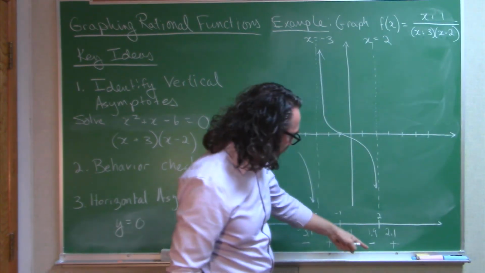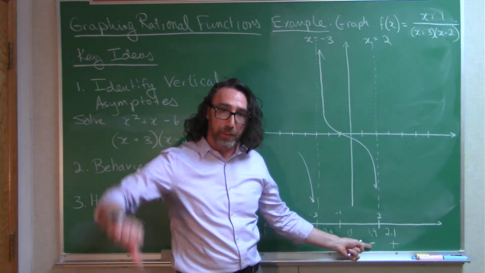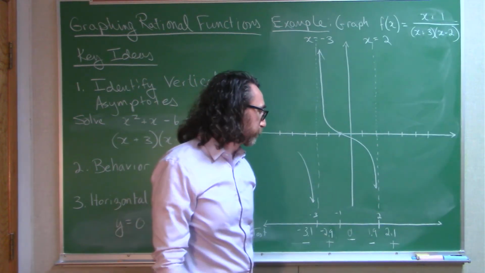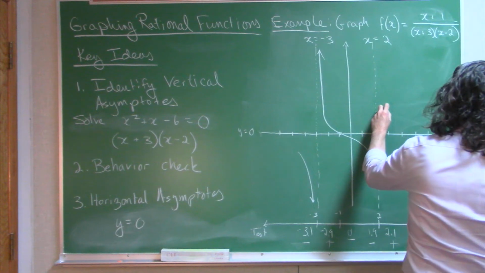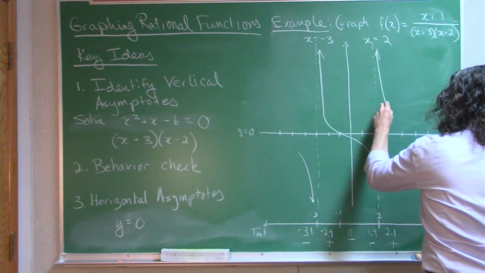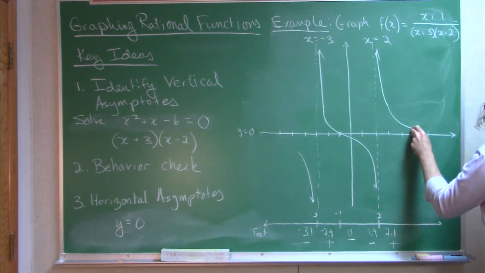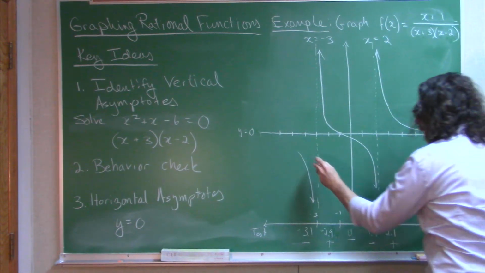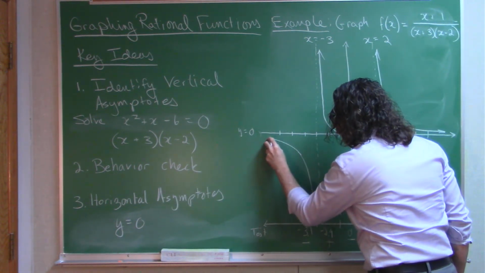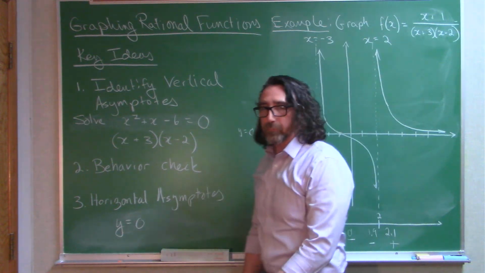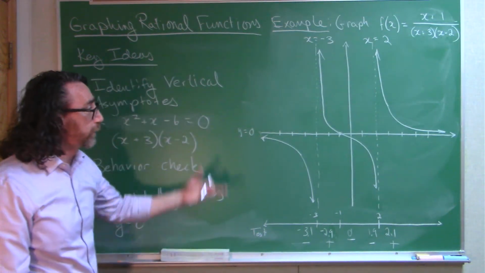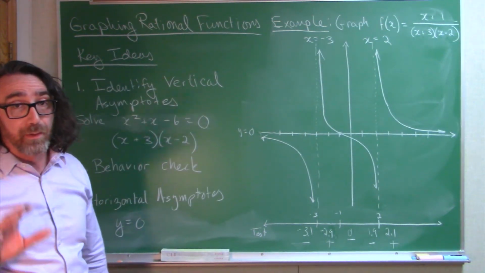And how do I know I drop down here? Look at that negative. Negative means the graph is dropping. And over here, I got this behavior. Let me finish it off here. I know I need to flatten out toward my horizontal asymptote. So that is our sketch for the graph of this rational function.